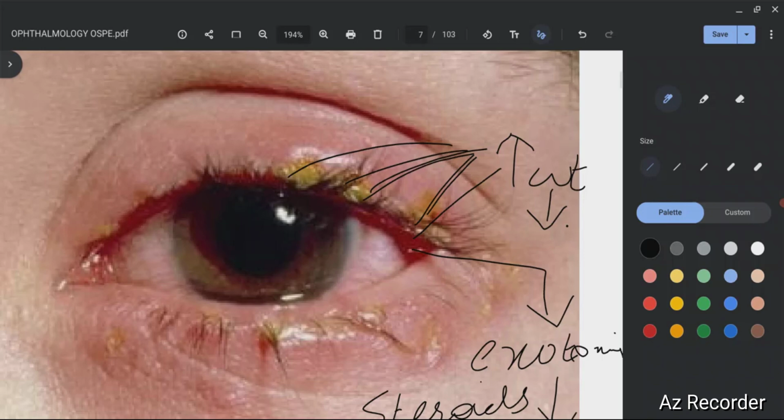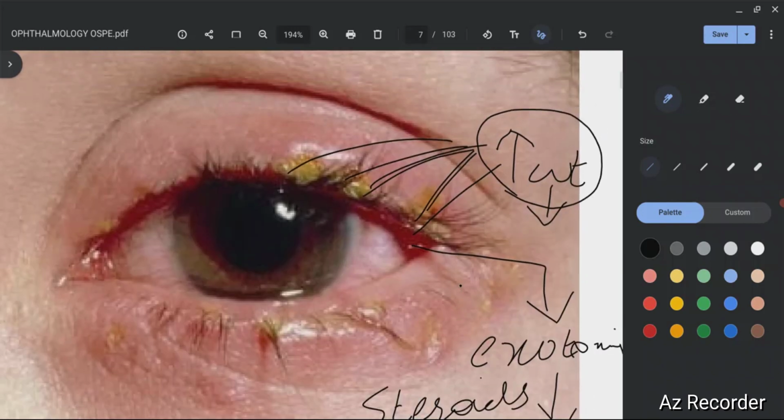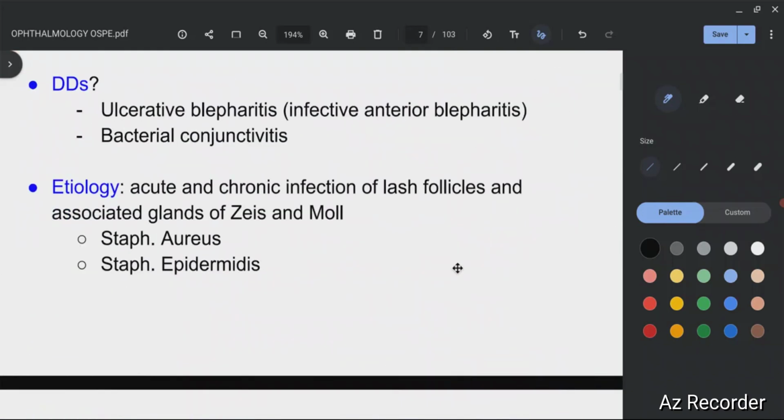This condition is known as ptosis. And if the ptosis is because of the increased weight of the eyelid, this type of ptosis is known as mechanical ptosis. If the person has a chalazion over here, again the weight of the eyelid has been increased and the patient will have ptosis. Again, it is mechanical ptosis. So this is the pathology.